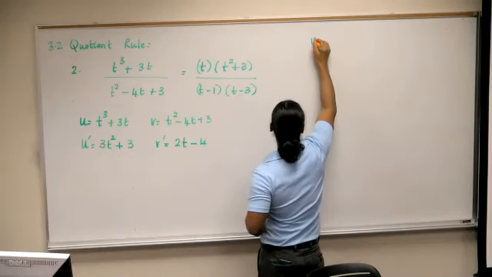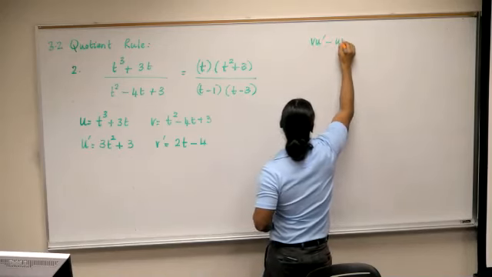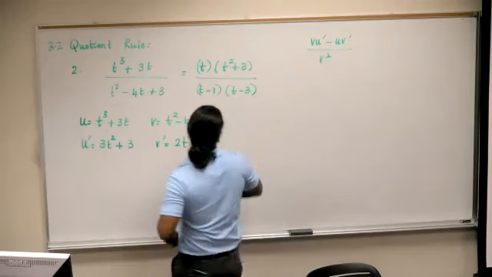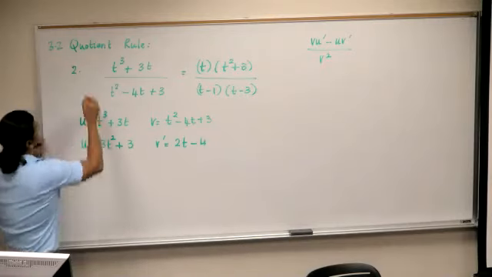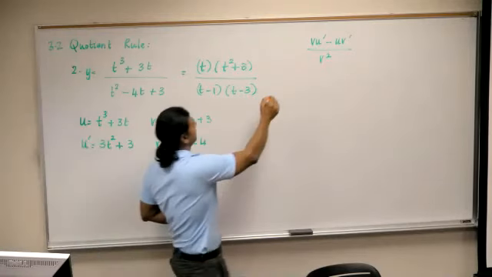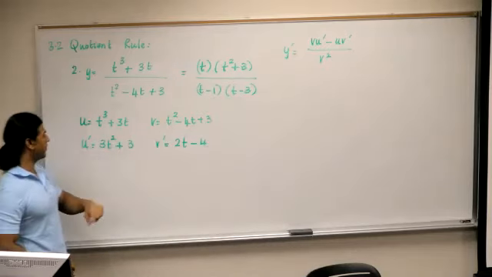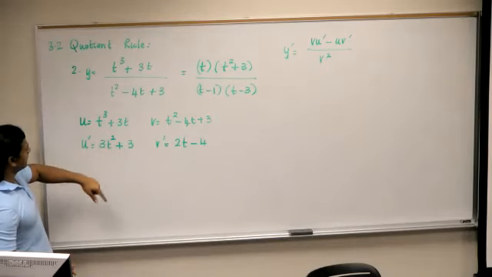We can just do V times U prime minus U times V prime. So I could use the standard formula. Since I have V prime, U prime, just plug it in the formula.